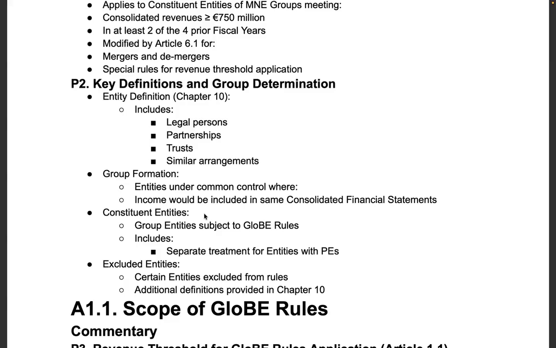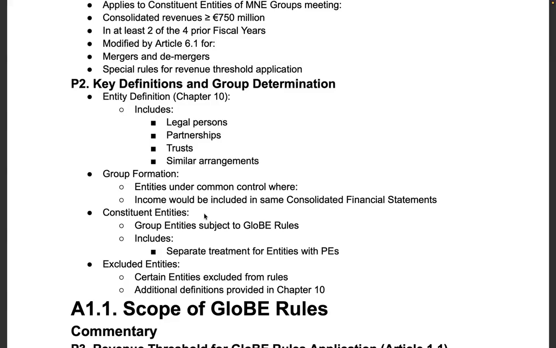Different types of permanent establishments are there, and most of the times they do not have a separate legal identity of their own. Yet, permanent establishments are treated under the BEPS Pillar 2 framework as economic entities, separate economic persons, so fiscal entities. So they are treated as separate entities.